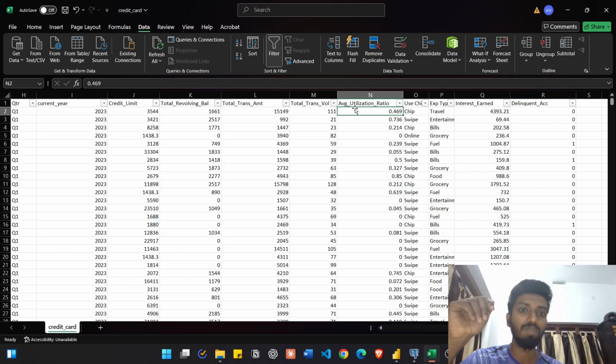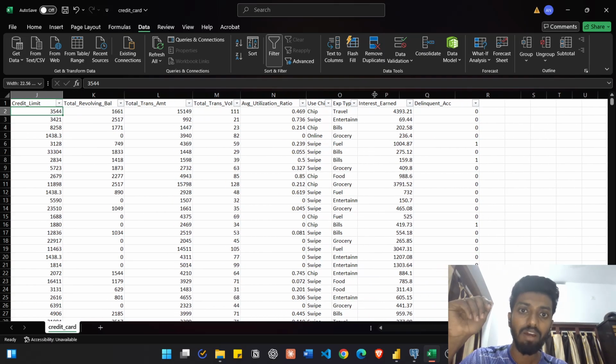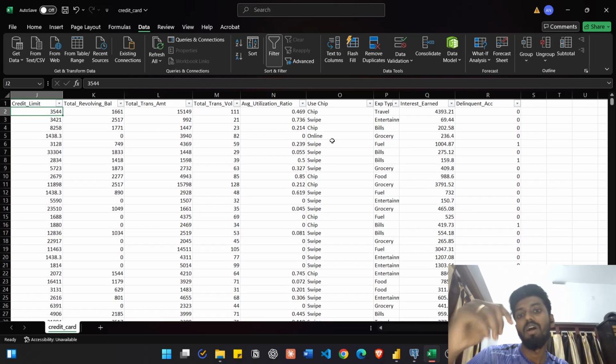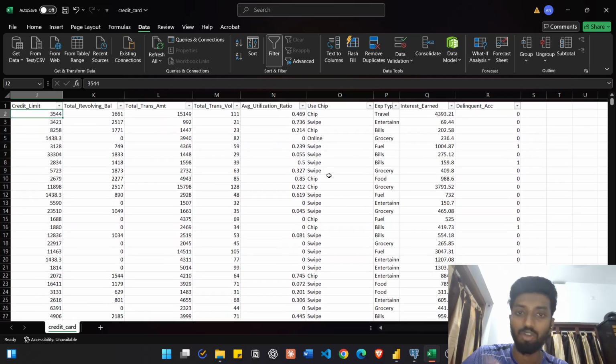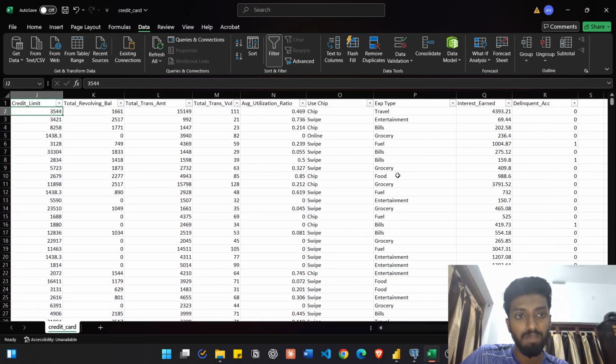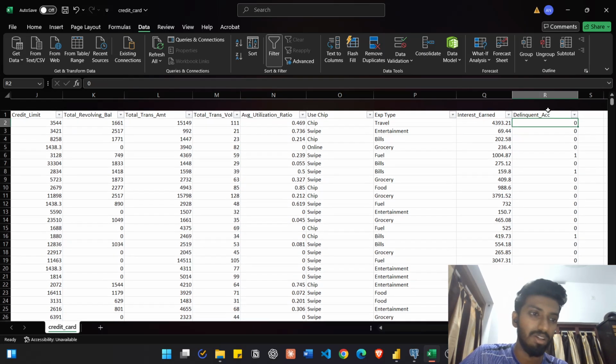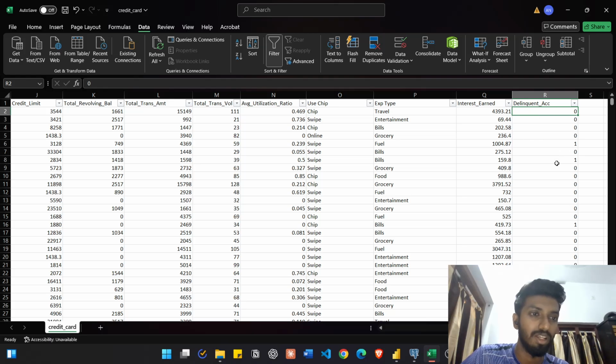This value has been computed by dividing total revolving balance by the credit limit. Then we have the chip, meaning how the transaction was done, whether using the chip, swipe, or online. Then the expense type, the interest earned through that transaction, and whether the process was delinquent or not.